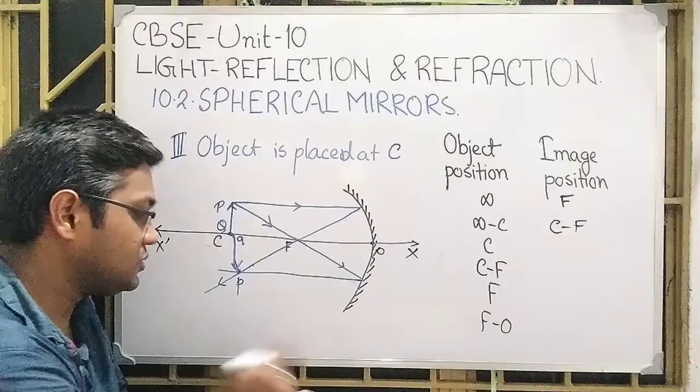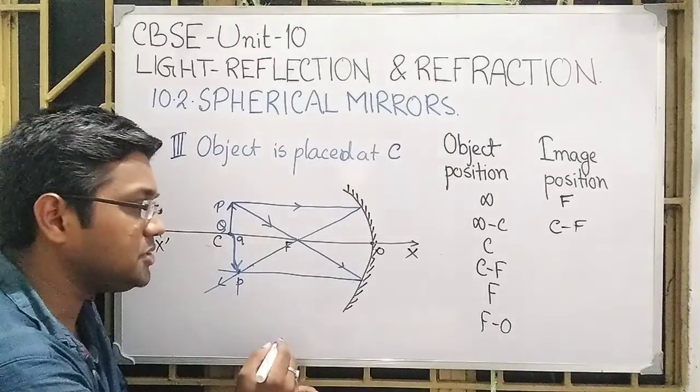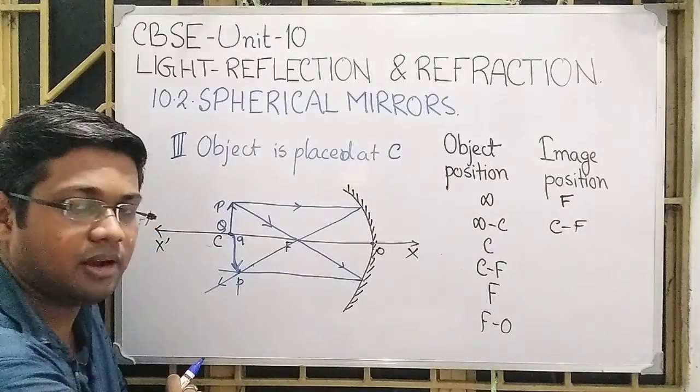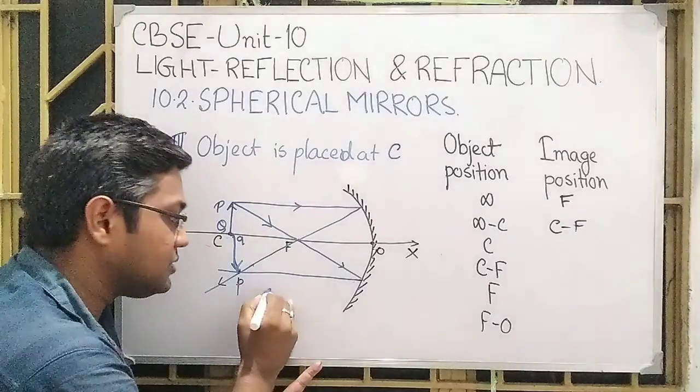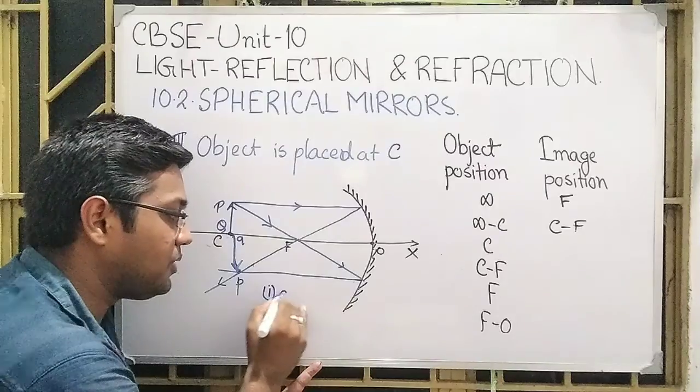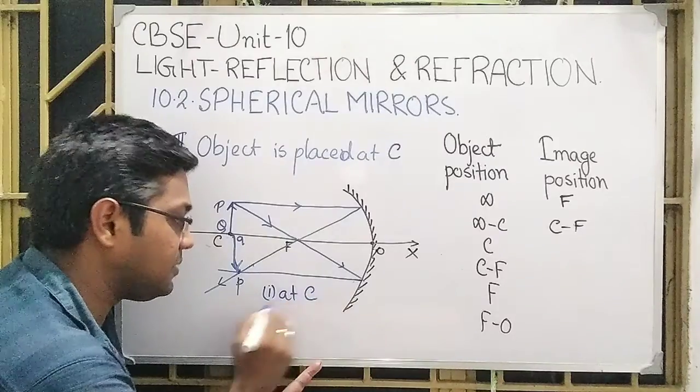So where the object is situated at C, the image will again be formed at C. So the first characteristic, it is formed at the center of curvature.